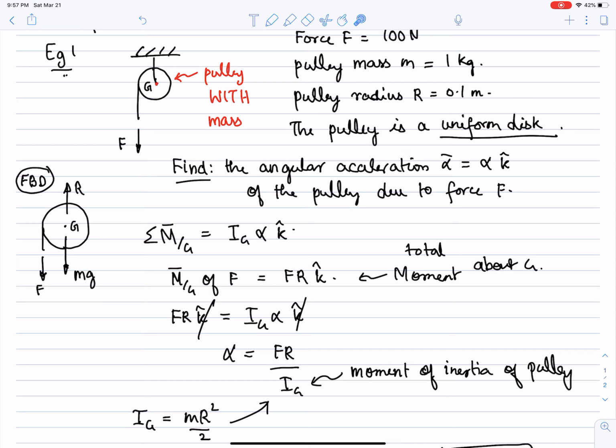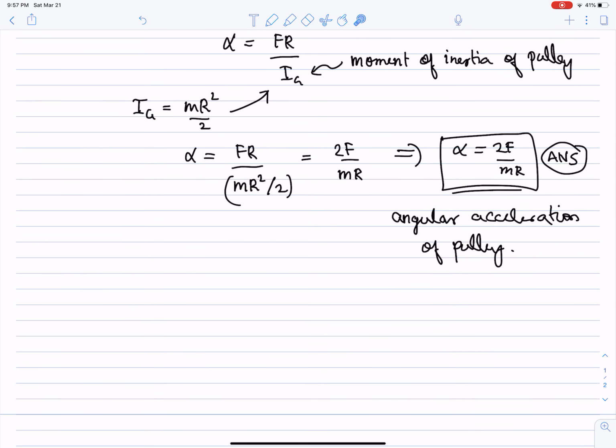I computed the moment rather quickly by just saying it's F times R. If you want to compute it more formally using vector notation, let me do that separately.